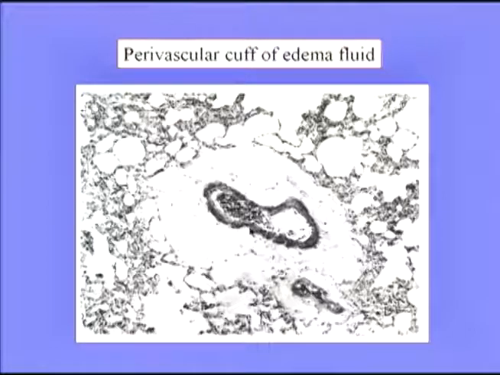We get these perivascular cuffs. So that's what happens in interstitial edema. Interstitial edema does not cause much change in pulmonary function, as we'll see in a moment, and it's actually difficult to identify in a patient.